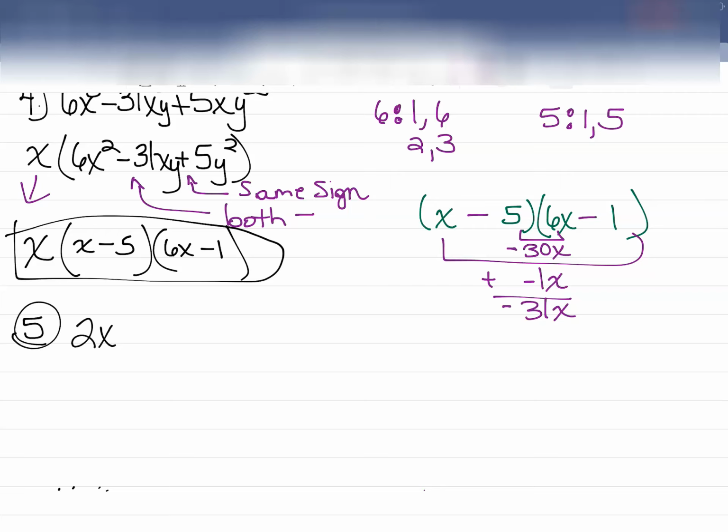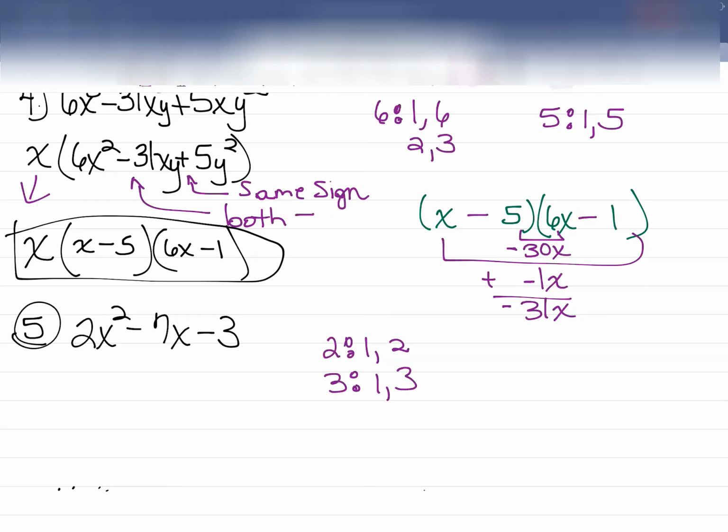Last one. Two x squared minus 7x minus 3. There's no common factors to factor out. I need my factors of my 2, factors of my 3.